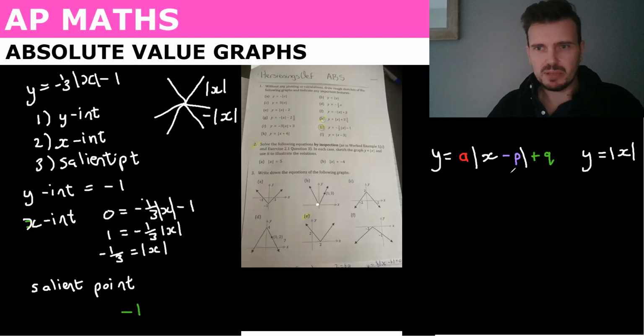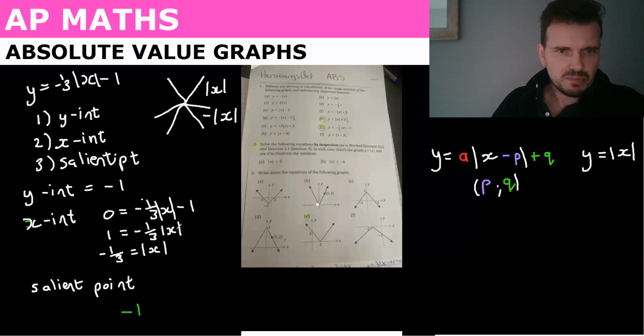The salient point is P and Q. As I said, there is a video on this. We're looking at -1, and there's no P here; it's x minus 0, so P is 0. So our salient point is (0, -1).